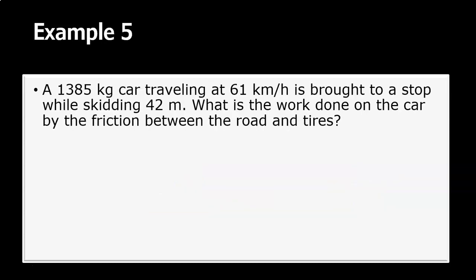Now, if we've got a car moving, a 1,385 kilogram car traveling at 61 kilometers per hour, brought to a stop while skidding 42 meters, what's the work done on the car by the friction between the road and the tires? Well, if you remember Newton's second law, F is equal to ma, what we're really needing is the acceleration and multiply it by the mass in order to get the force, and then we'll multiply it by this 42 meters.